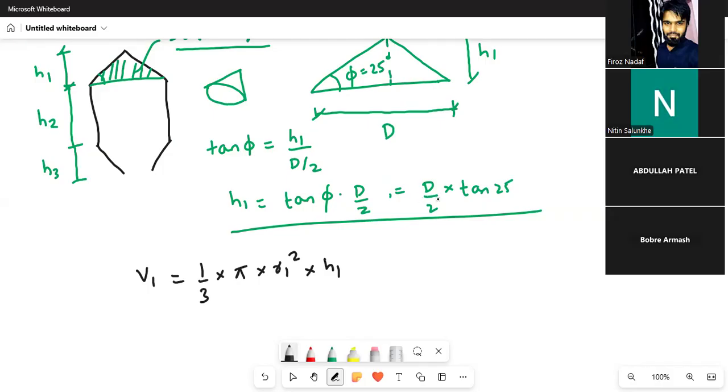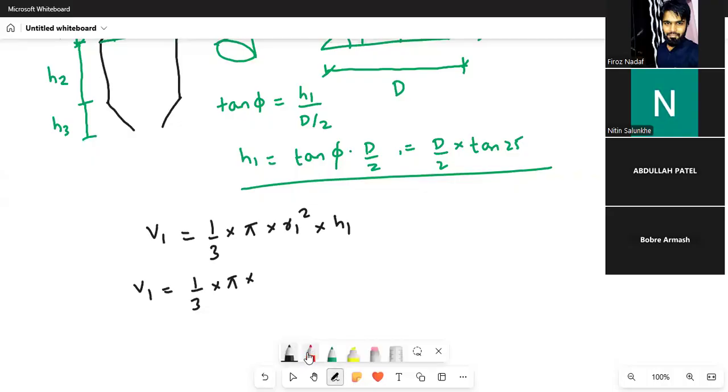So what is H1? H1 is D by 2 into tan 25. And R1 is also D by 2, half of the diameter. Radius is equal to half of the diameter. Okay. So V1 equal to 1 by 3 into pi into radius D by 2 square into H1.